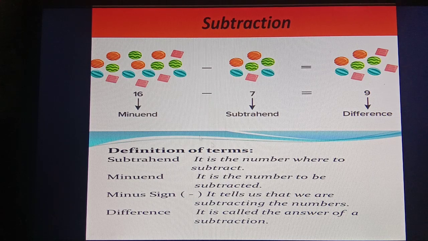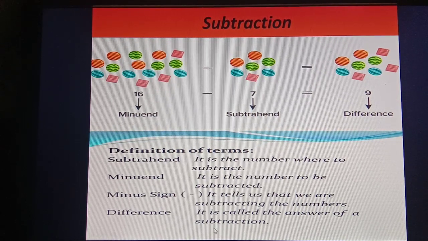Here you can see the definition of the terms. Subtrahend, it is the number to be subtracted. Minuend, it is the number from which we subtract. Minus sign, you know very well. And the difference, it is called the answer of the subtraction.